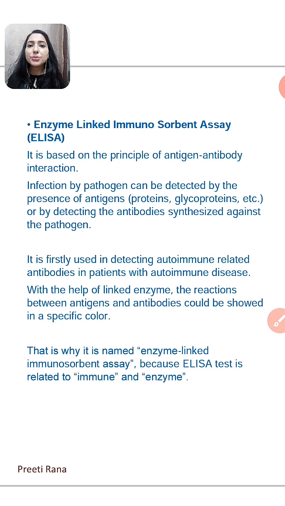It is first used in detecting autoimmune related antibodies in patients with autoimmune diseases, with the help of linked enzymes. The reaction between antigen and antibody could be shown in a specific color. That is why it is named enzyme-linked immunosorbent assay, because the ELISA test is related to immune and enzyme.